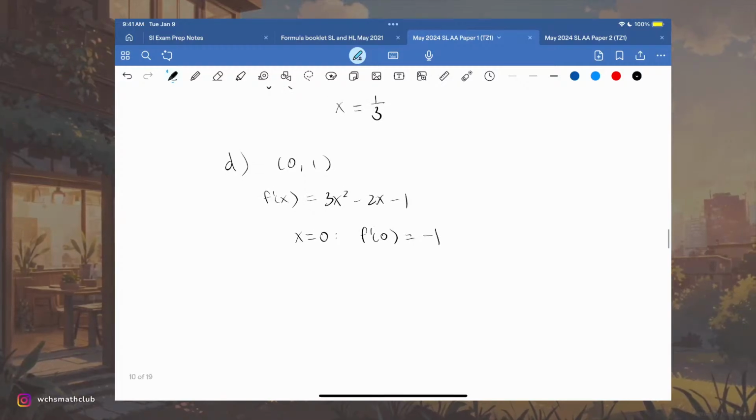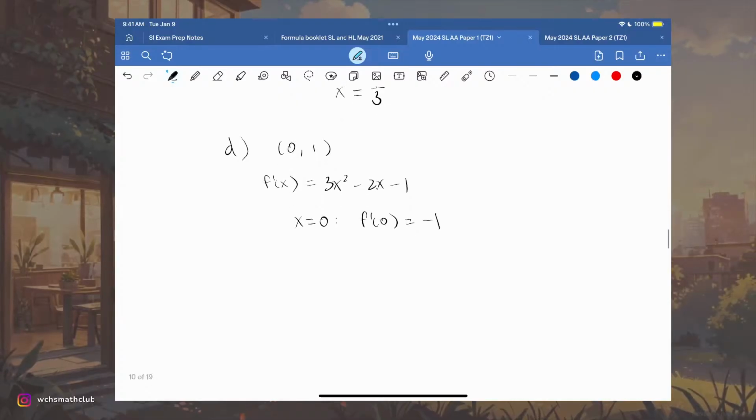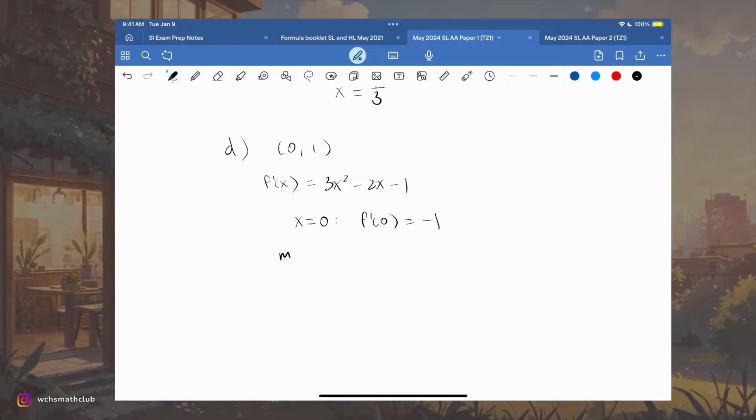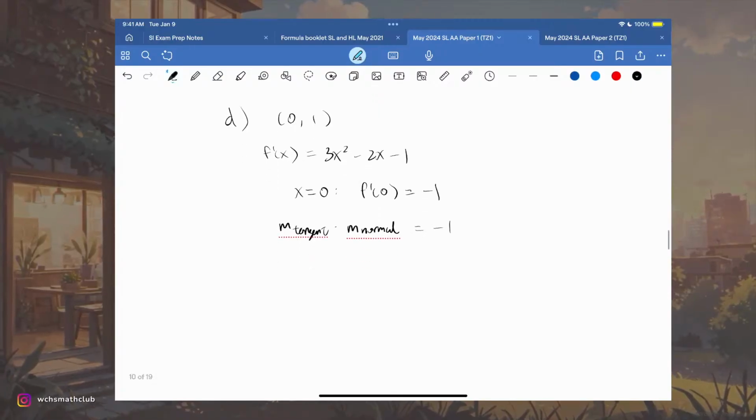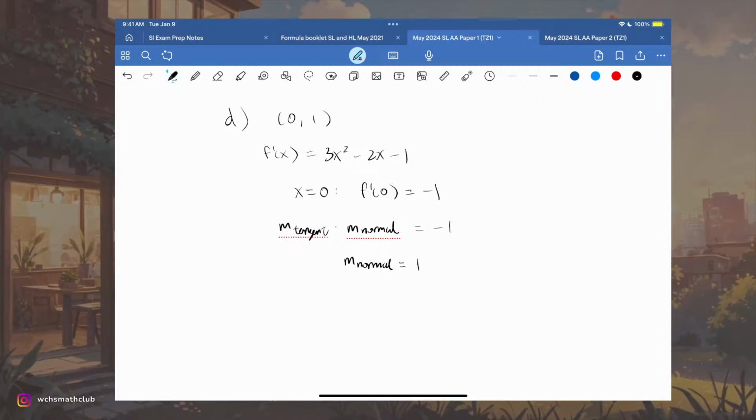But here we're asked to find the equation of the normal line, and we know that the slope of the tangent line times the slope of the normal line equals -1 because they are perpendicular to each other, and the slopes are the negative reciprocals of each other. So this means that the m normal would be equal to 1 because -1 times -1 over -1 is 1.